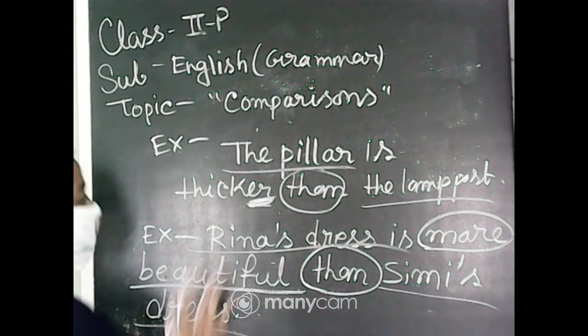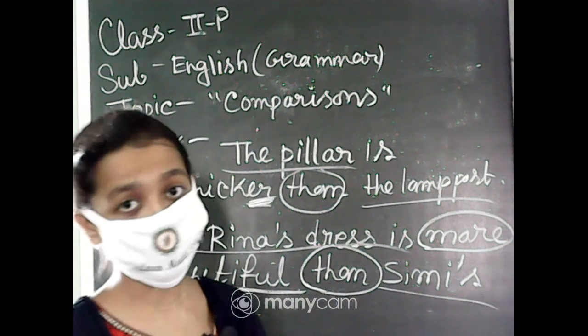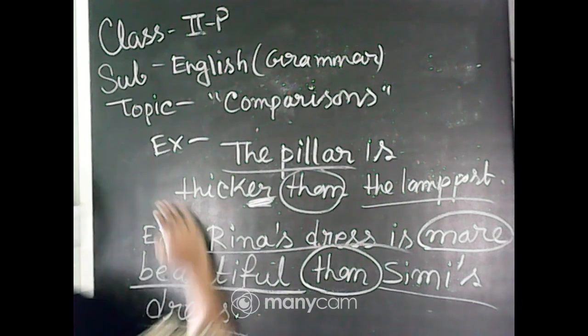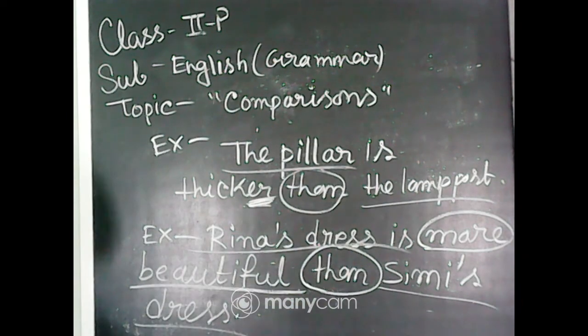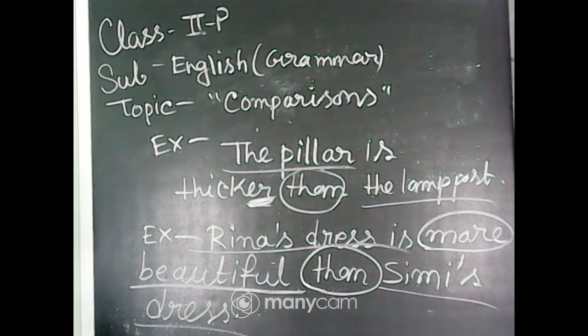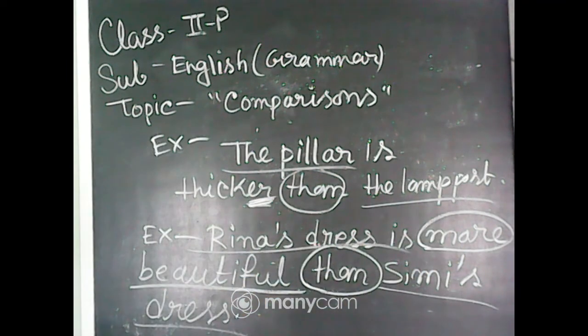This is something different. This difference you have to keep in mind. Okay? That all the sentences will not be the same. Sometimes something is different. Like here in this sentence, than is added. We must add than to show comparison. But here we need to add more before the word beautiful rather than er.